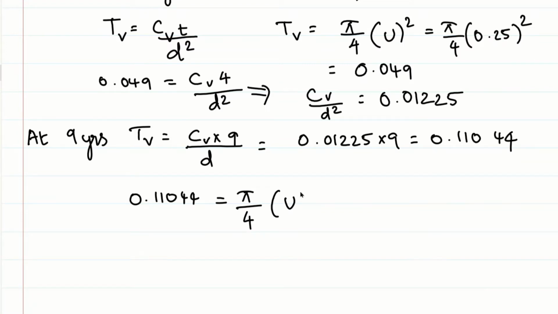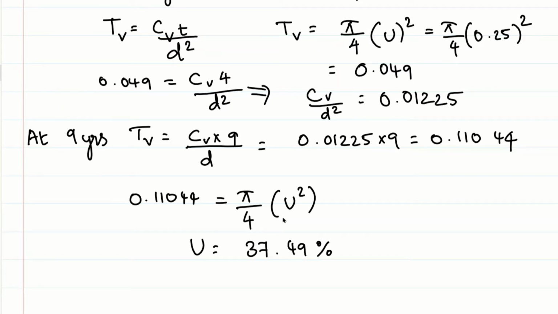You don't know U, so U square, retain it as such. So when you bring this 4 by pi to the left hand side and take a root, you will get U is equal to 0.3749.